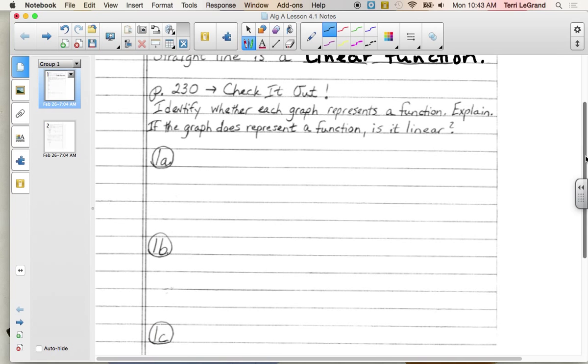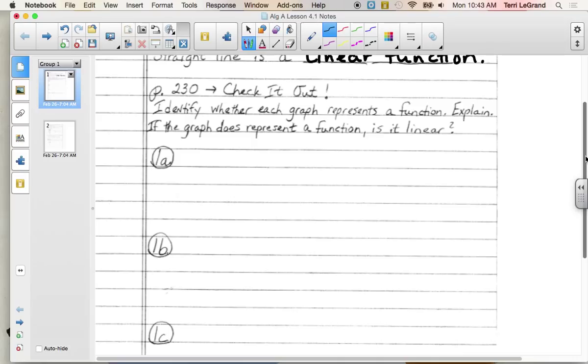So 1A, let's look at that graph. What do you think? Do you think that graph represents a function, or in other words, meets the definition Trey gave us that said, for each x value, there's only one y value? Isaac? Yes.